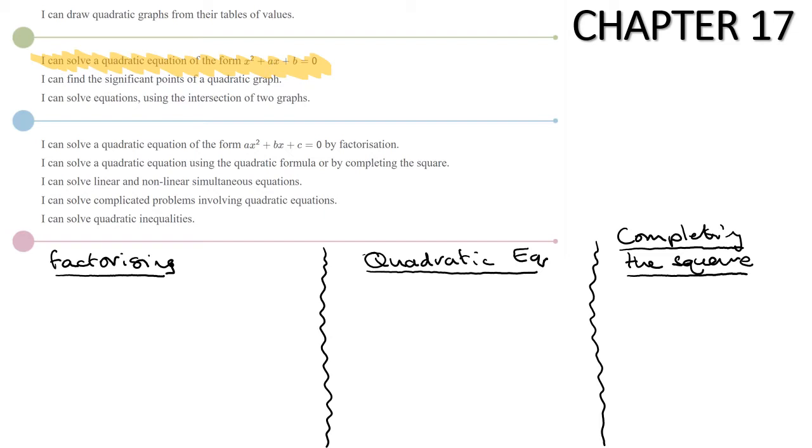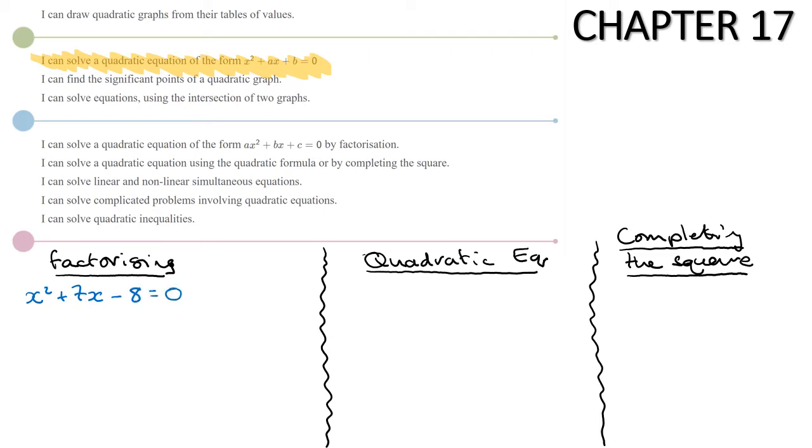Okay, so let's say I wanted to solve this quadratic equation by factorizing. So I'm going to have x squared plus 7x minus 8 equals 0.